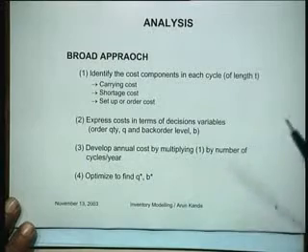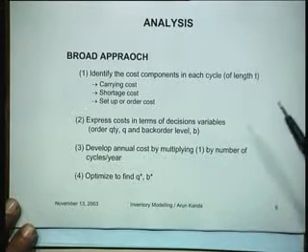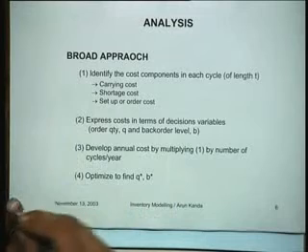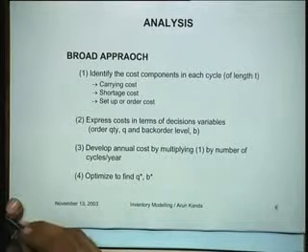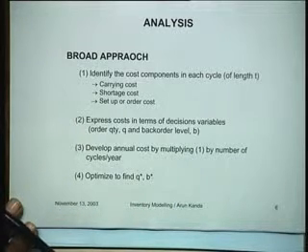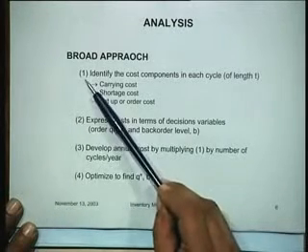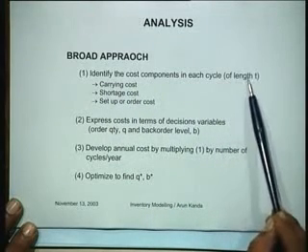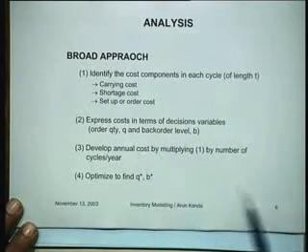The broad approach to the analysis is summarized in these steps, and what you find is that in order to solve the lot sizing problem in cases 1, 2, 3 and 4 that we have considered so far, the first step is generally to identify the cost components in each cycle of length t. It's a cyclic cost behavior.